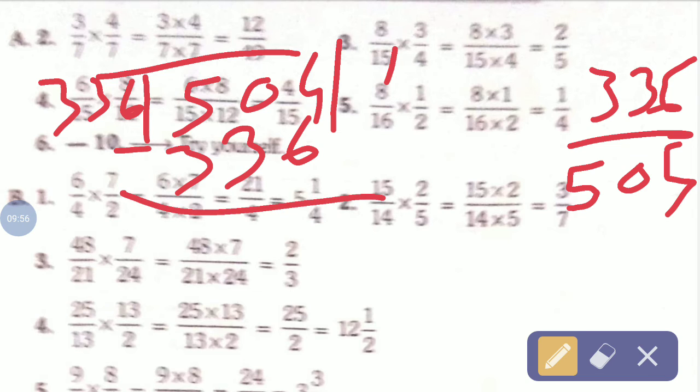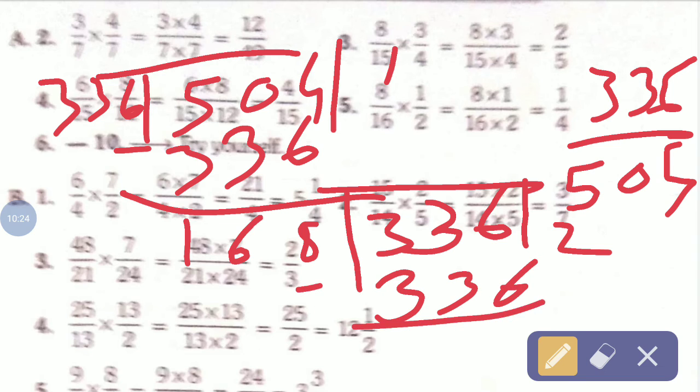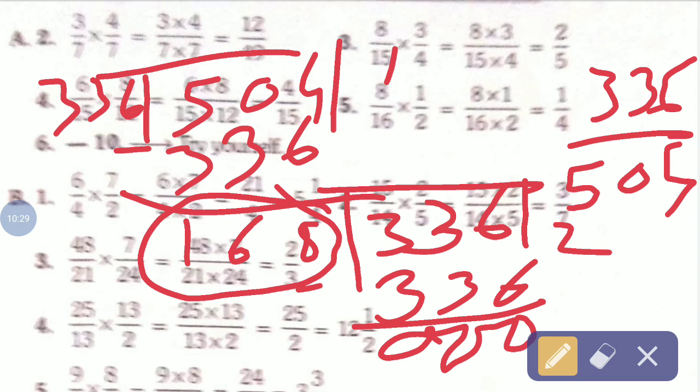So you will get the remainder 168. Then 336 as your divisor will become your dividend, and 168 twos are 336. What you will get? 0, 0. So 168 is your last divisor, and that is your HCF of 336 and 504.